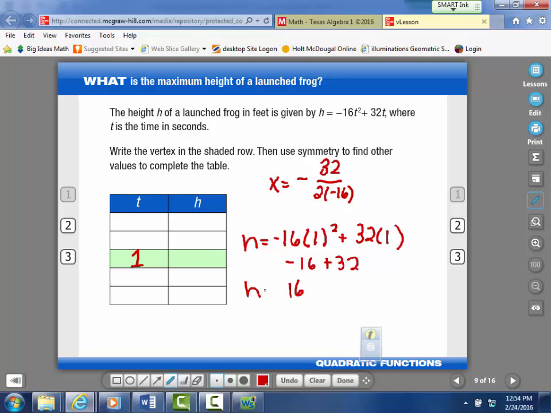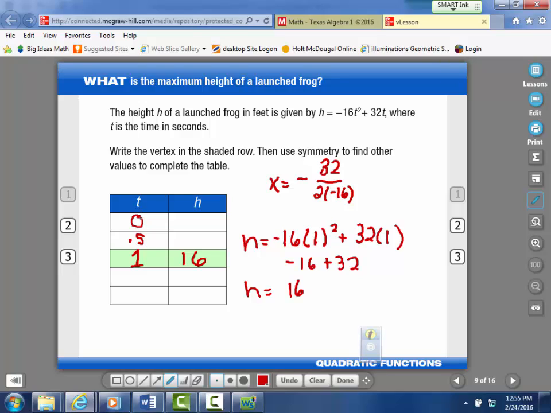Okay, so h would be 16 at that point. All right, so since we're at 1, let's back up a little bit. We're counting in seconds. Okay, so I think we probably need to put maybe 0 and 0.5 because that frog moved pretty fast. So we want to give ourselves a little bit of time there.